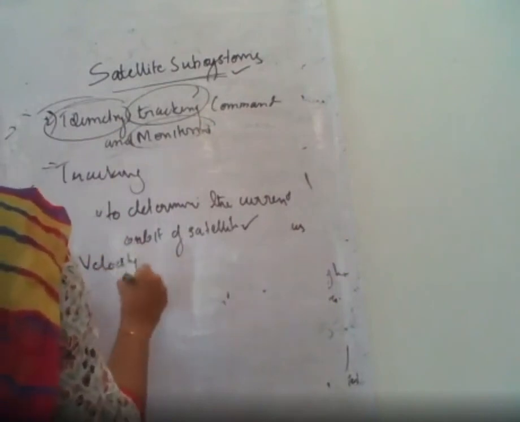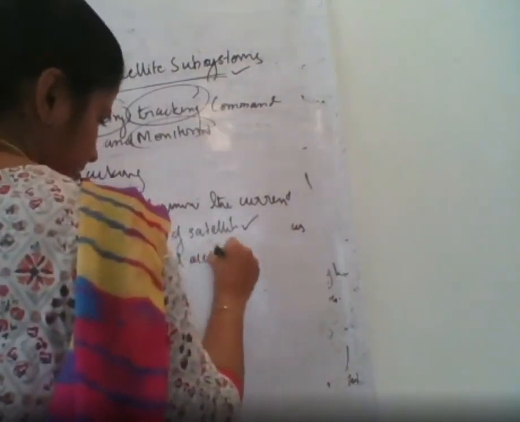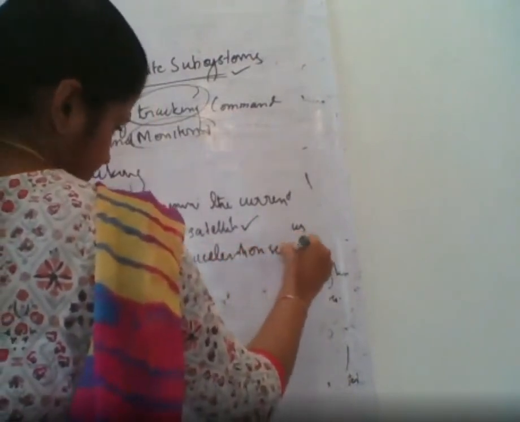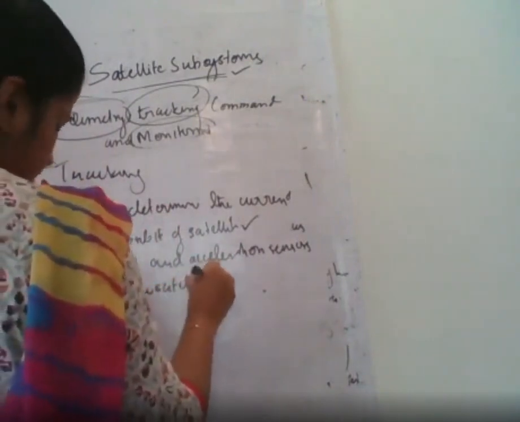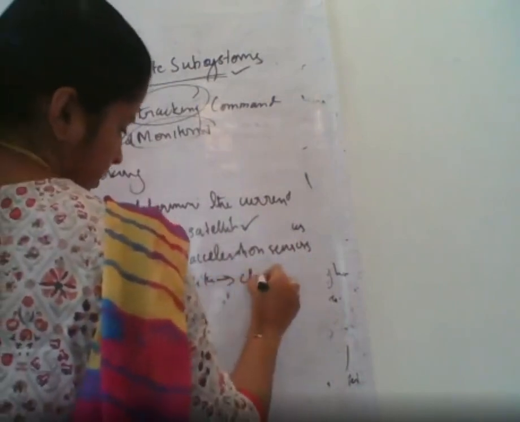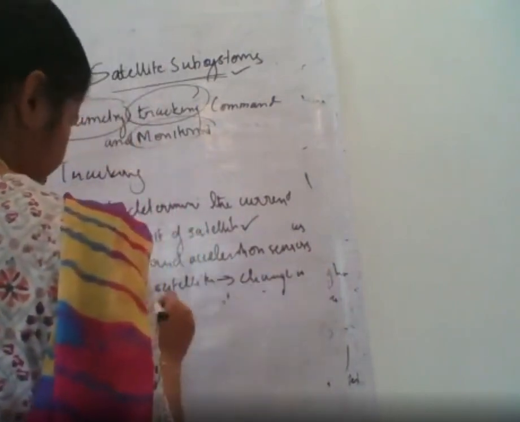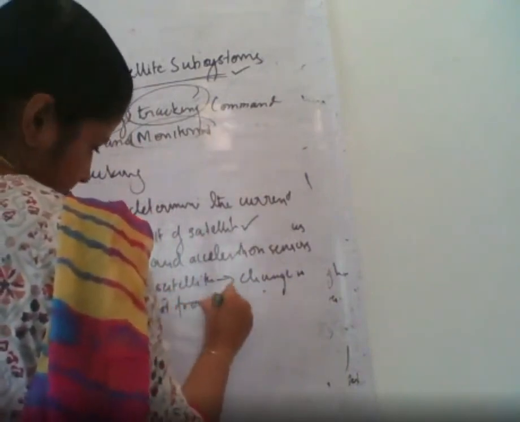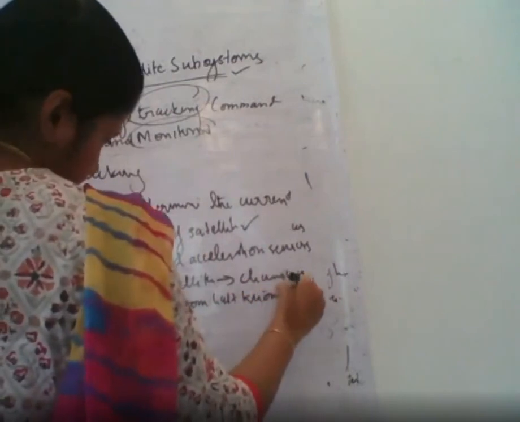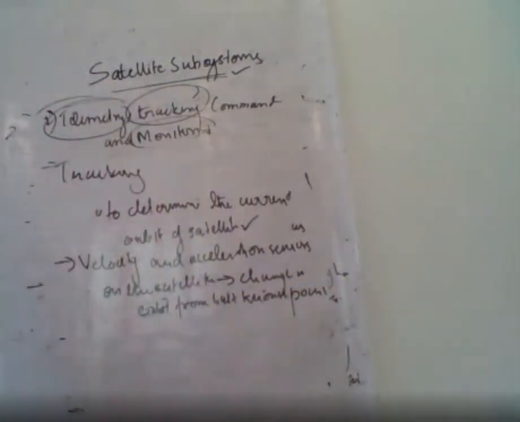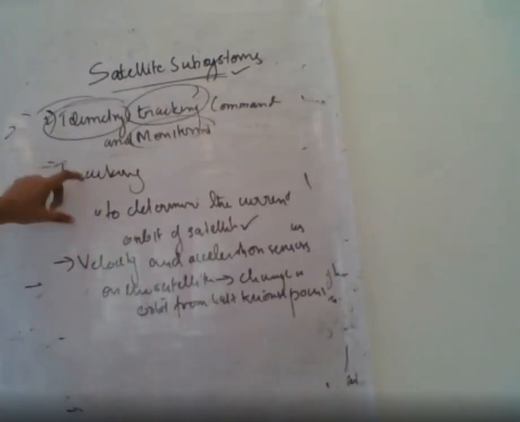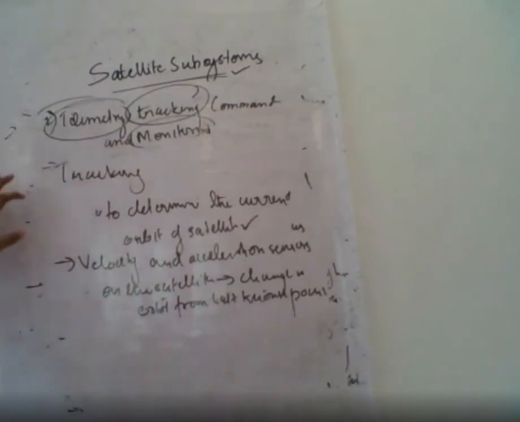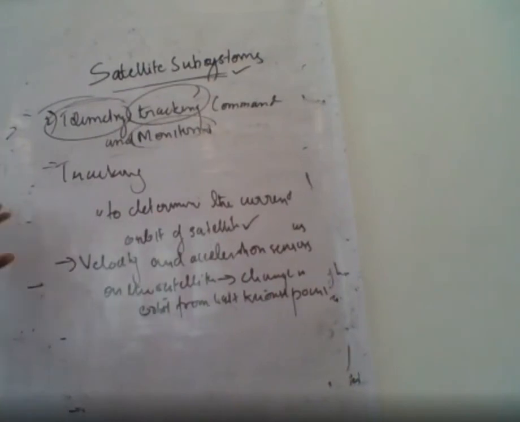Velocity and acceleration sensors on the satellite are used to establish the change in orbit from the last known point.